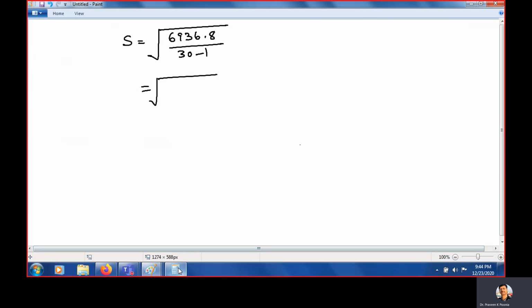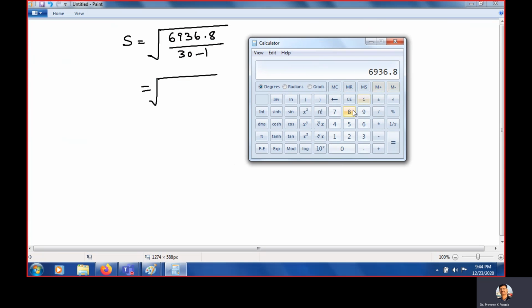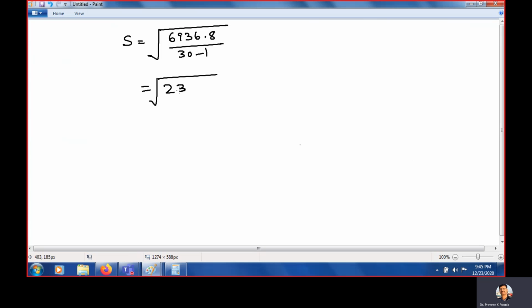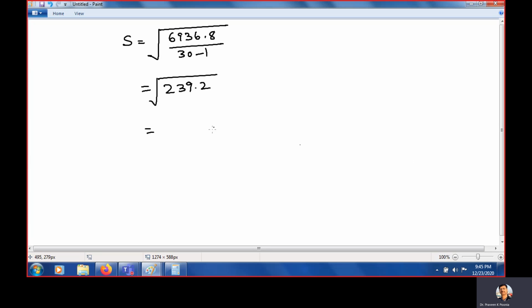Let us use the calculator: 6936.8 divided by 29, and the answer is 239.2. And if you calculate the square root of 239.2, it will be 15.46. This is the standard deviation.